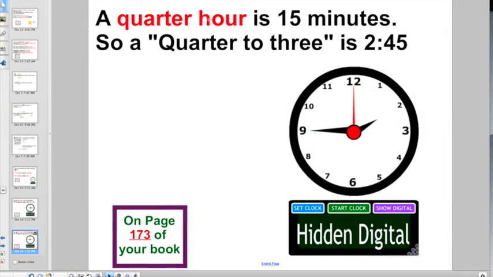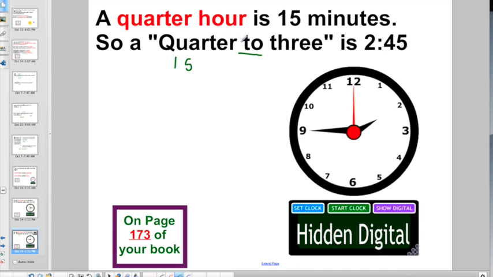So we already know a quarter hour is 15 minutes, but check out this difference. If they said a quarter to 3, in a quarter hour, in 15 minutes, it's going to be 3 o'clock. But it's not 3 o'clock yet. This messes up some fifth graders. They see 3 and they want to write the number 3 for the hours.